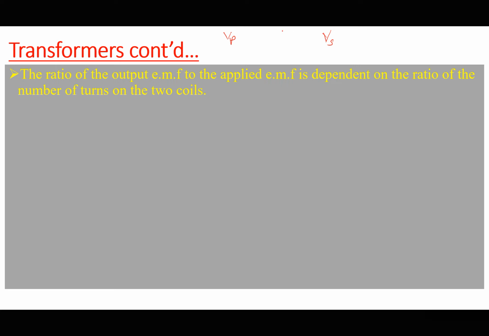Then the number of turns of the wire of the primary coil, we call it NP. The number of turns on the secondary coil, we shall call it NS. Of course, the current which flows in the primary coil is going to be IP. The current which flows in the secondary coil is going to be IS.